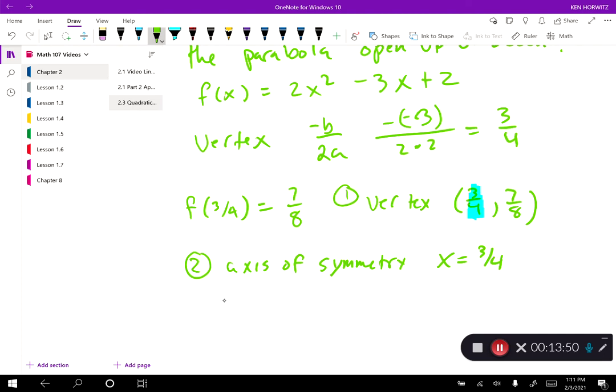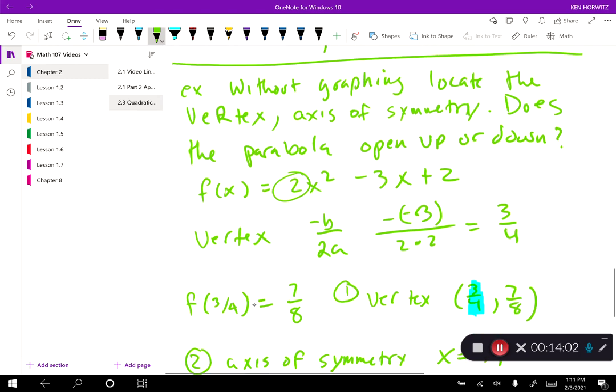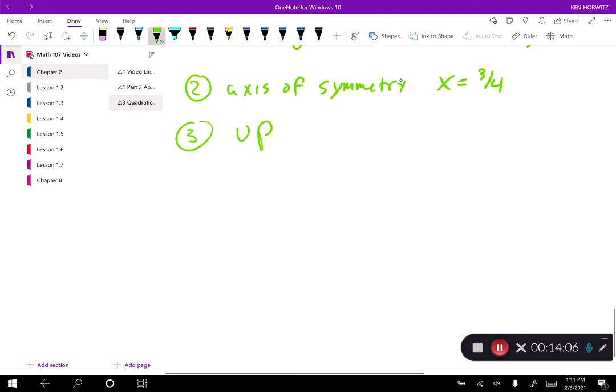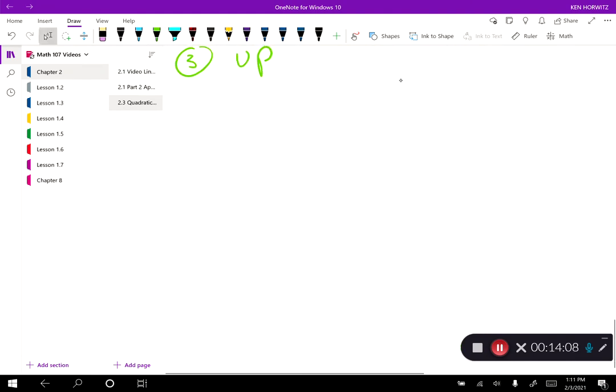And because 2 is positive, we know our third question is that it opens up. So slightly shorter question because it did say without graphing, right? Once it says without graphing, it's going to be a little bit shorter, but it still encompasses all of the techniques that we did.